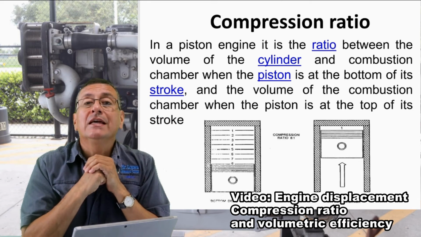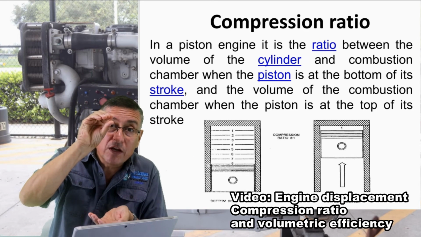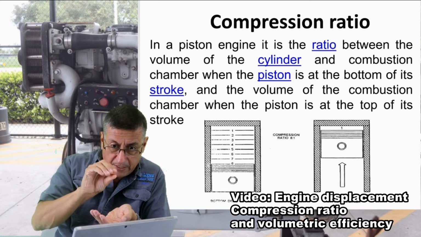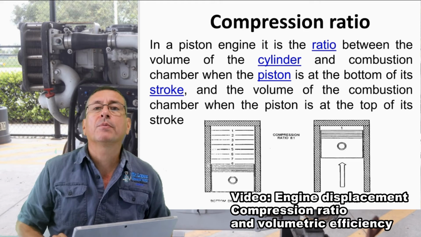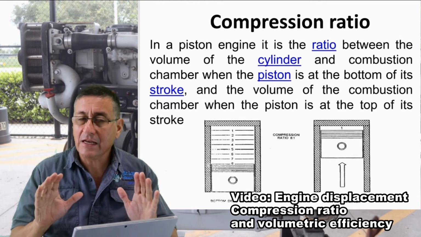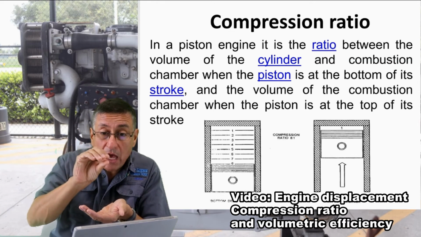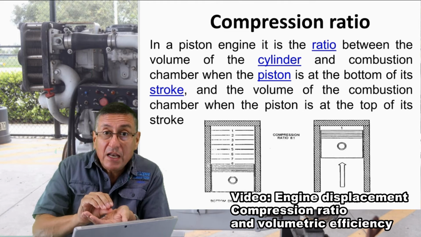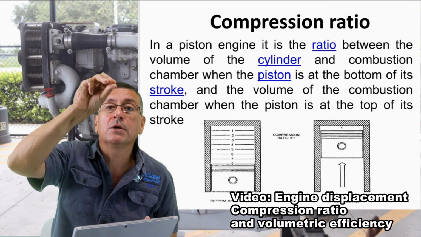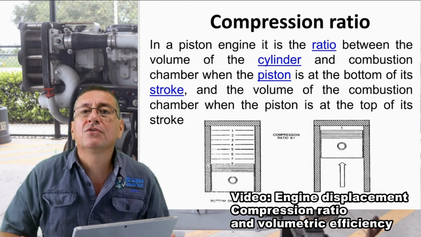Compression ratio is, let me check how many times I can introduce that small volume of the combustion chamber in the total: 1, 2, 3, 4, 5, 6, 7, 8. The compression ratio of this engine is 8 to 1. Is that clear? The compression ratio is how many times you can divide the total volume by the volume of the combustion chamber. This is the definition of compression ratio.